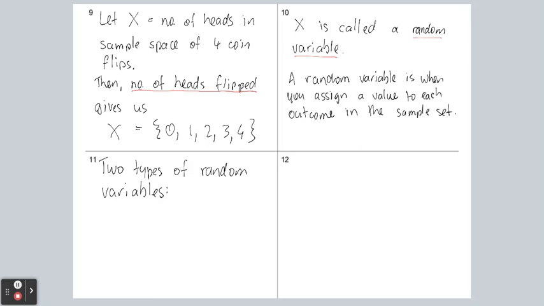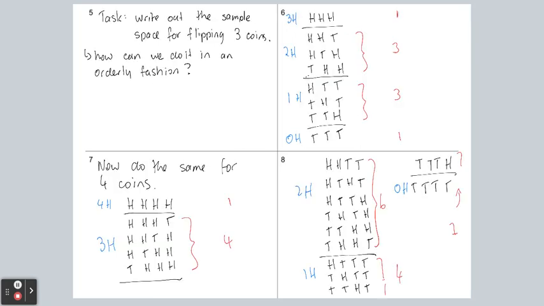So this sample set here is all the specific, unique outcomes where order effectively does matter when listing them. These are all the possibilities for 4 coins.